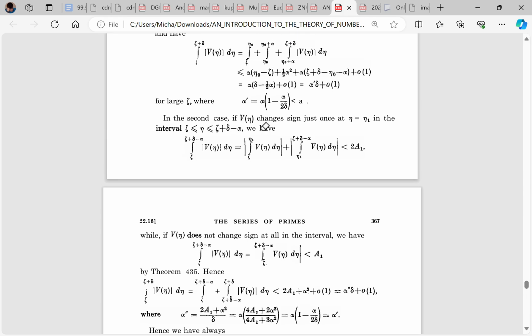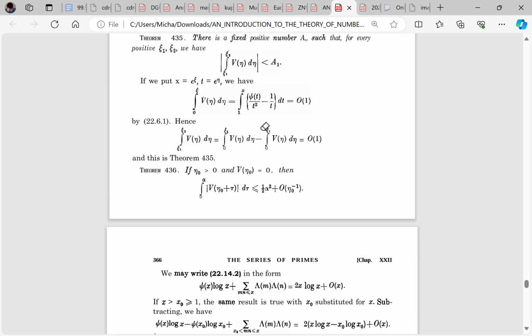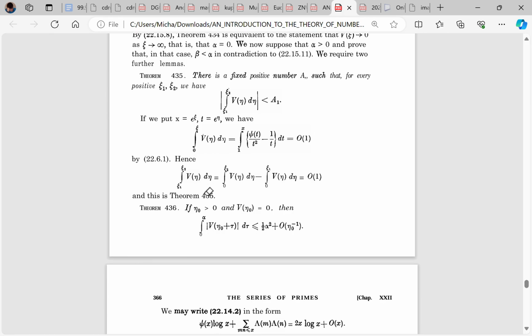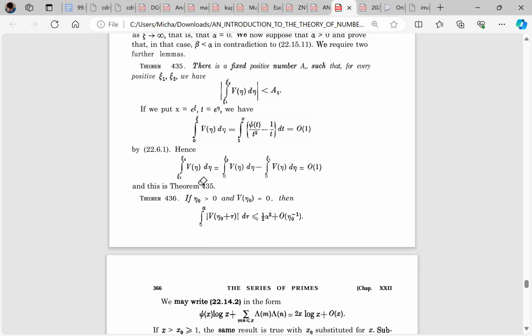We have that here somewhere. Well, that's with no absolute value sign.